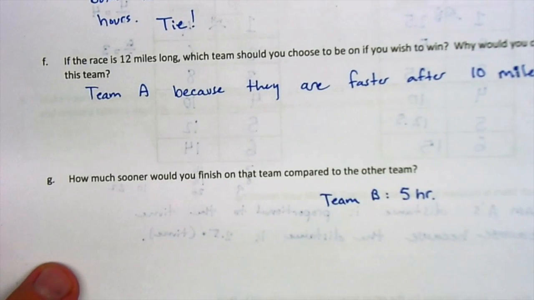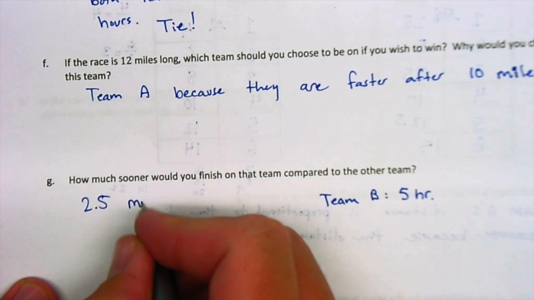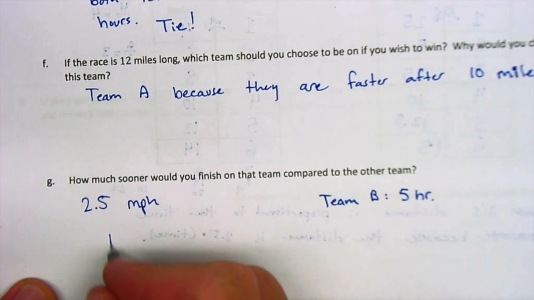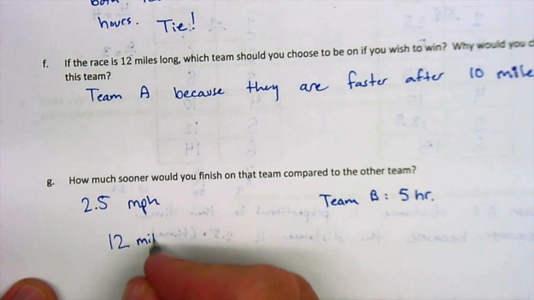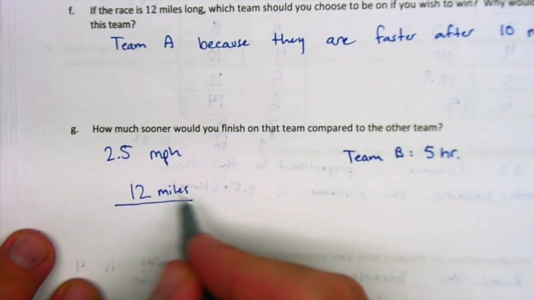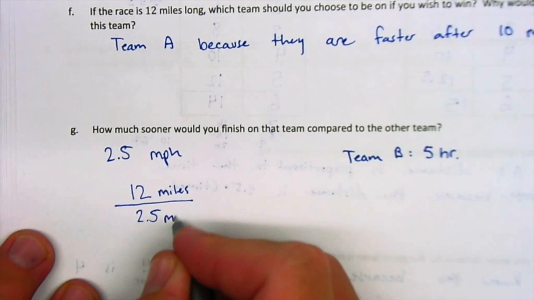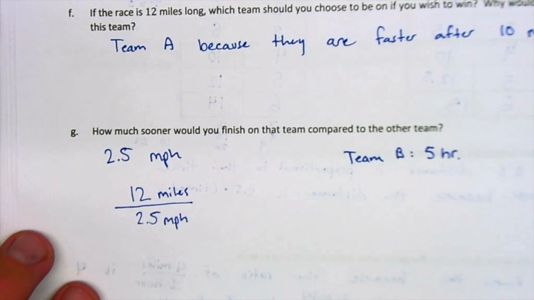Now, I'm interested in Team A. I know that Team A goes 2.5 miles per hour, and I want to figure out how long it's going to take them to go 12 miles. So what I can do is I can take my 12 miles and divide that by how fast they're going, 2.5 miles per hour. And what this will tell me is how long it's going to take them.